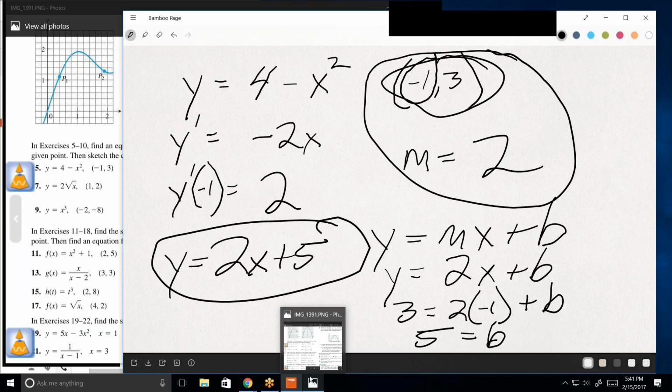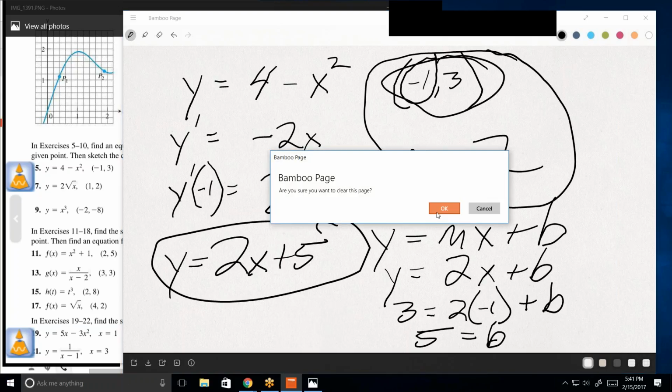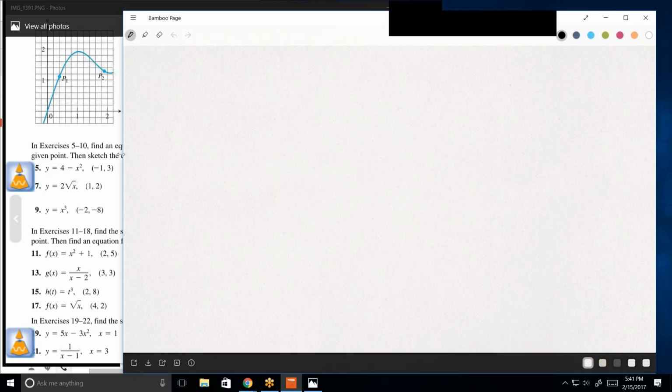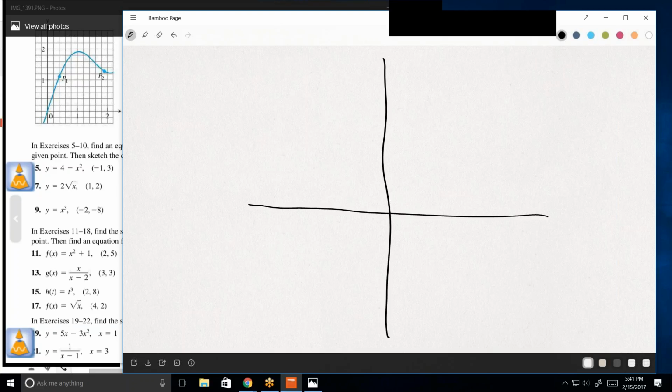Okay, in other words, here's what the rest of it is. If I graph the equation 4 minus x squared, that is a parabola pointing down, vertically shifted up by 4, right? Just like that.